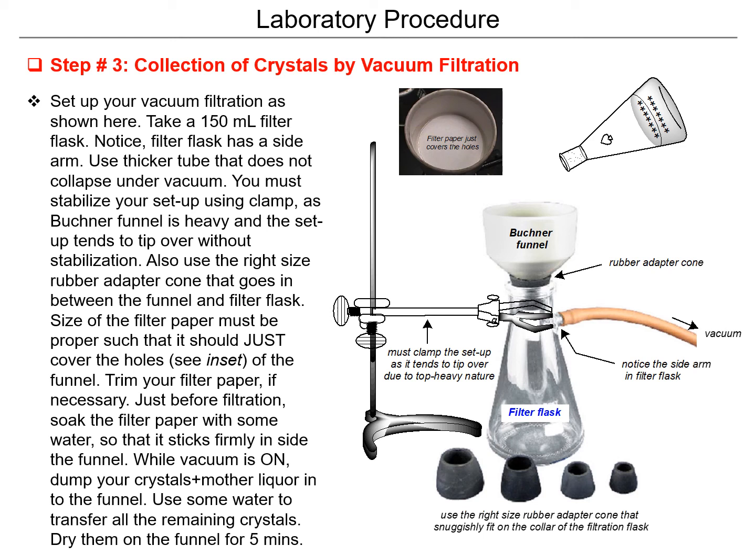In that way, it will dry out the crystals in a cold manner. It's just like drying clothes by wind when there is no sun, actually. So then you'll have crystals.